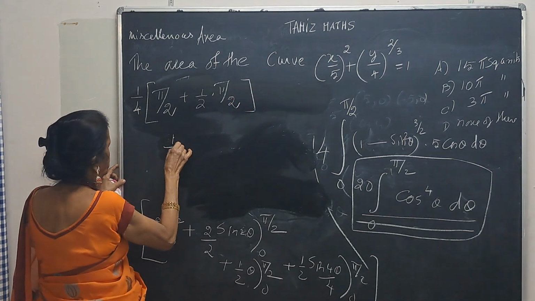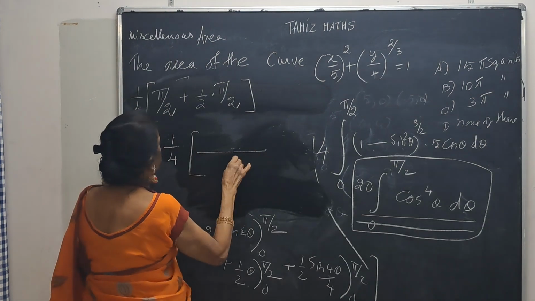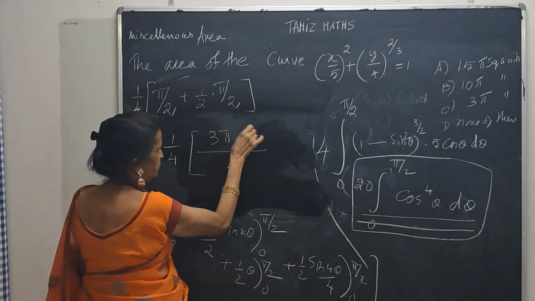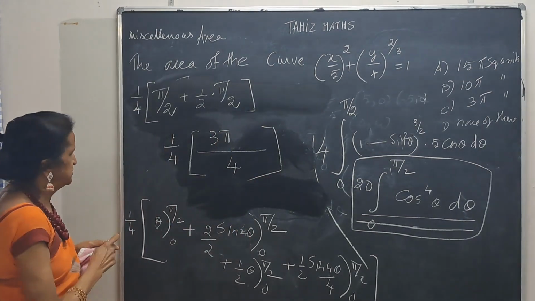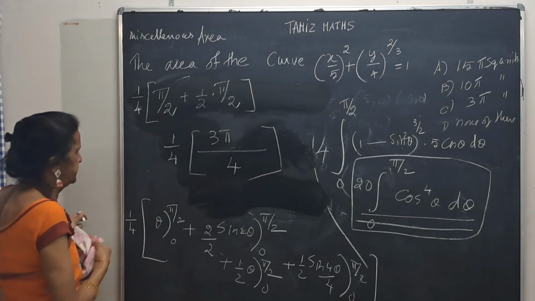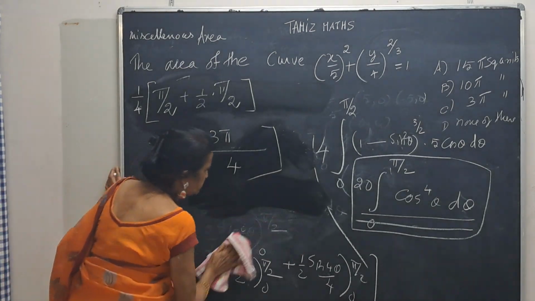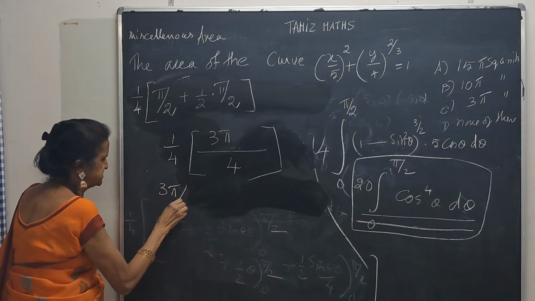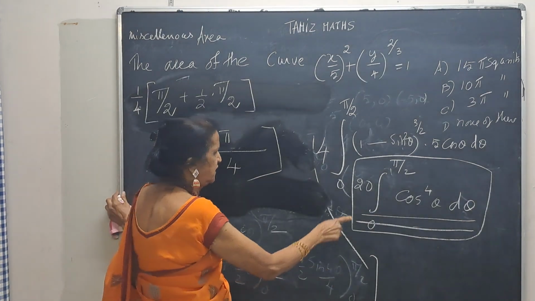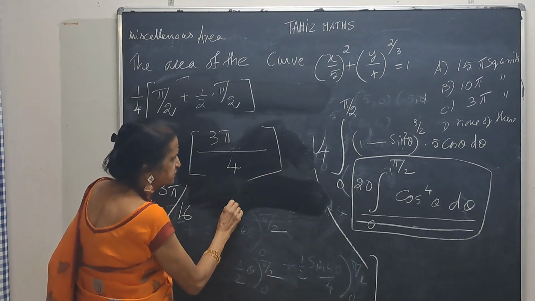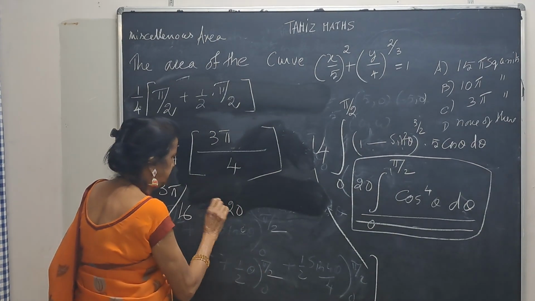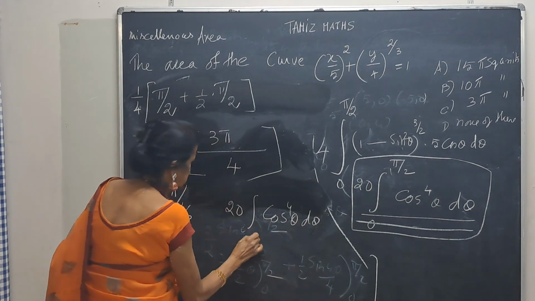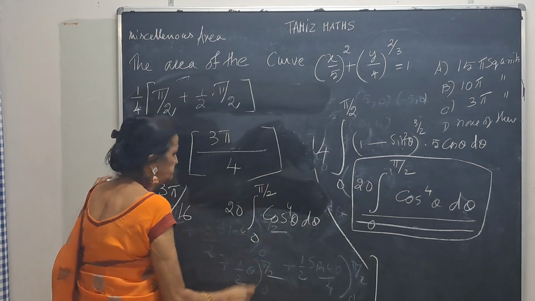So this is 1 by 4. Take LCM 4, and this is 2 pi plus pi, 3 pi. Fine. So let's see what we have now: 3 pi by 16. So what is our area? The area is 20 into the integral of cos power 4 theta d theta from 0 to pi by 2.